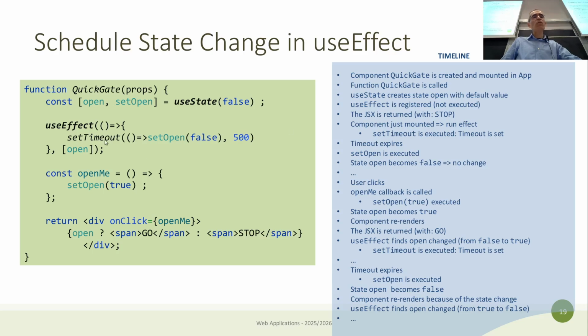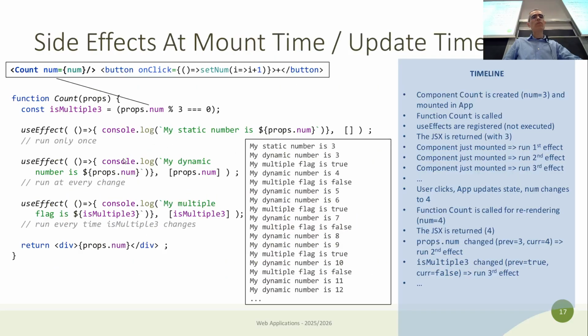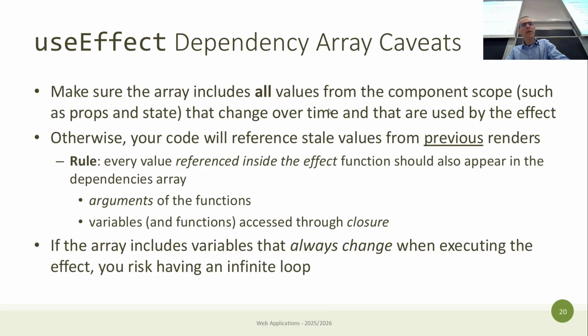So in short, if you use some values inside the useEffect function, let's see the previous example, props num, typically props num or some value that depends on props num has to be listed in the list of dependencies. Because you typically want to run this function because something has changed. So this is sort of a sanity check.